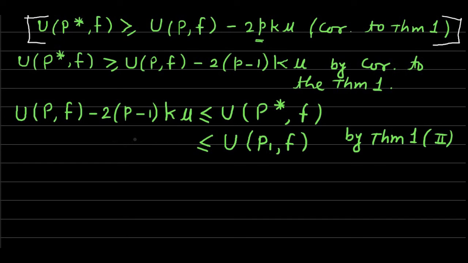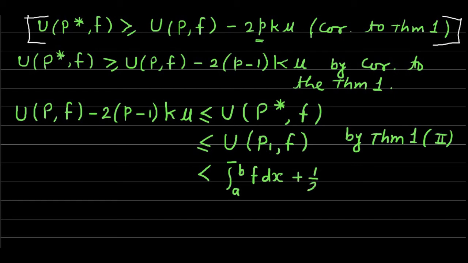And we also know the relation number 1. Now we will use the relation number 1. By the relation number 1, this is less than upper integral a to b f dx plus epsilon by 2.